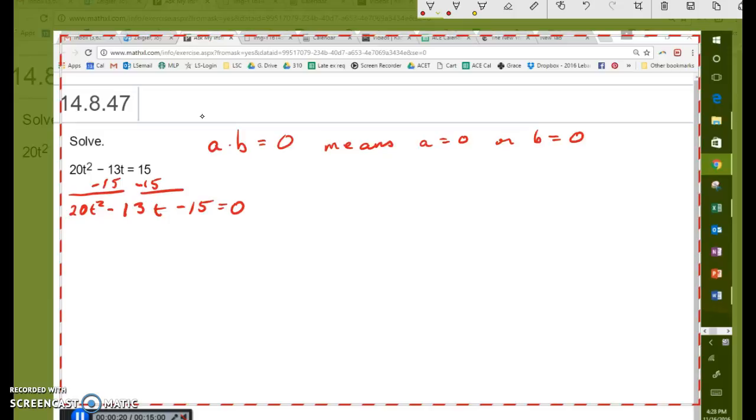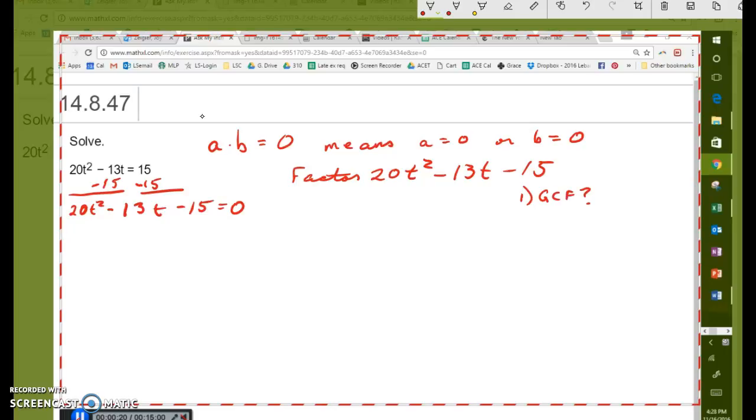So let's factor 20t squared minus 13t minus 15. Okay, when you factor, you ask yourself a series of questions. First of all, are there greatest common factors in this?